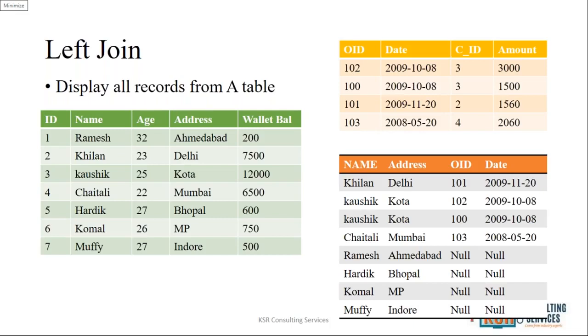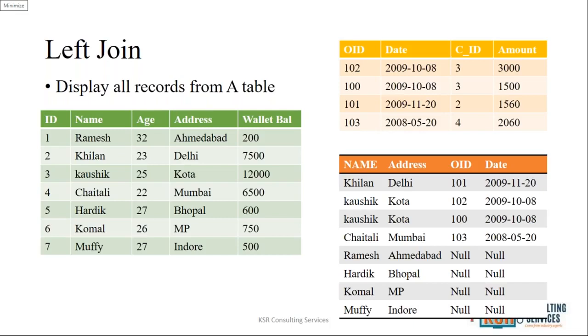Okay, what you're trying to say is whoever is having order ID and order date as null are the customers who did not purchase anything. You are absolutely correct here. Those customers will not have order ID. Those customers will not have order date. So basically, these are the customers who did not purchase anything.